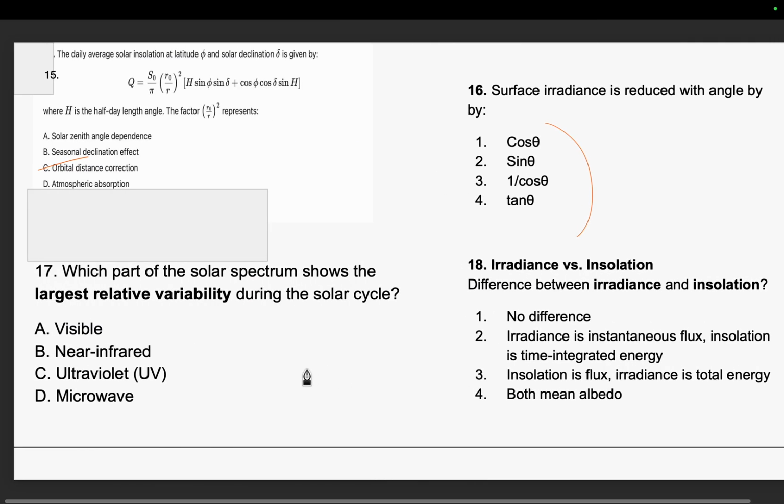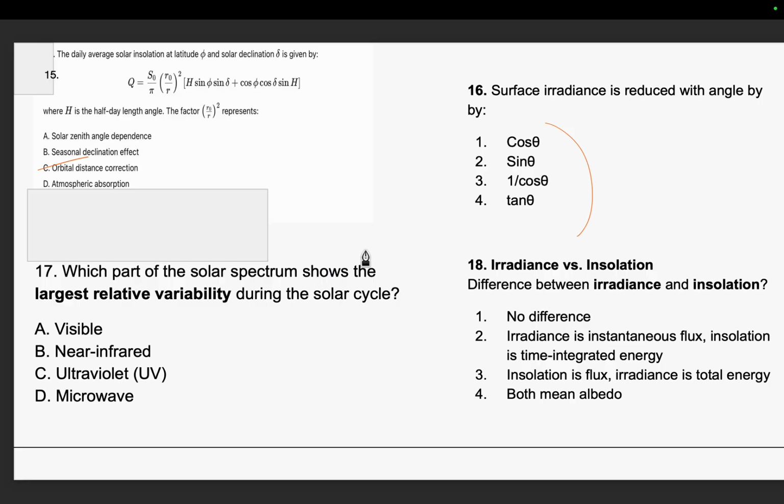Now question 17. The Sun's spectrum is a black body spectrum. In a black body spectrum, all kinds of wavelengths contribute based on the surface temperature of the emitting surface.